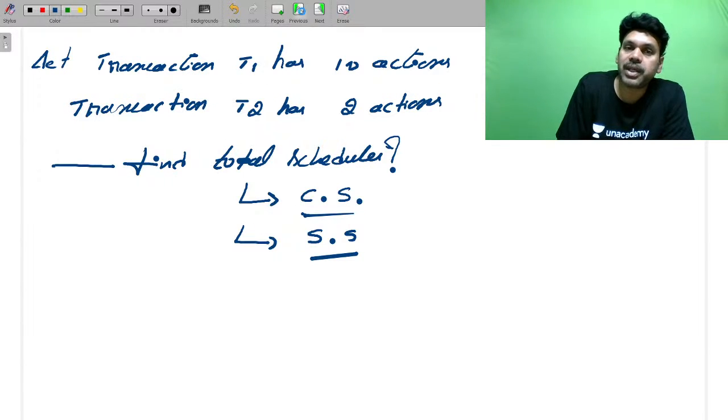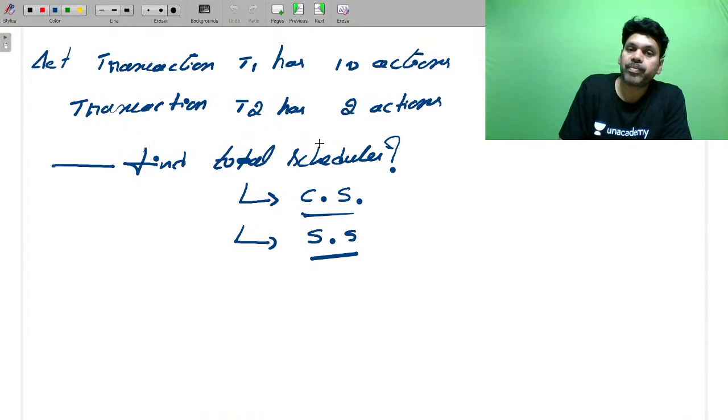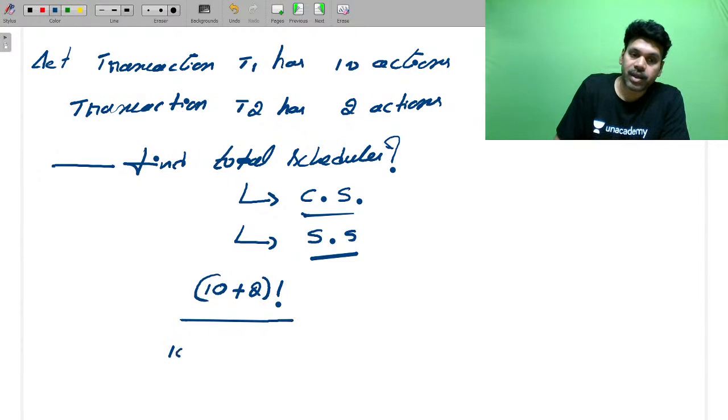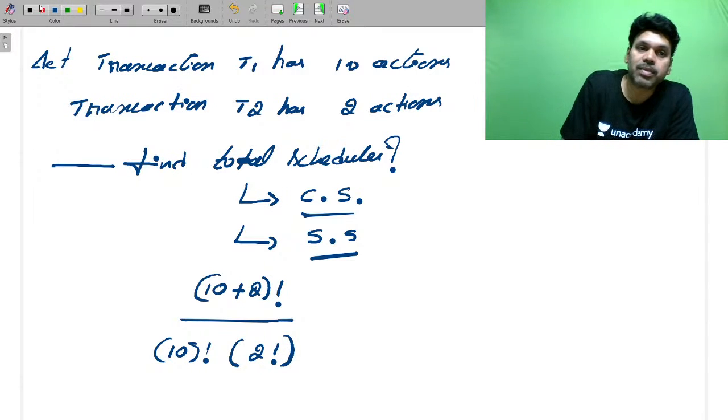Now I give you an equation. You follow this equation, you will get it. So 10 actions and 2 actions: (10 plus 2) factorial divided by 10 factorial into 2 factorial. So this many total schedules are available.